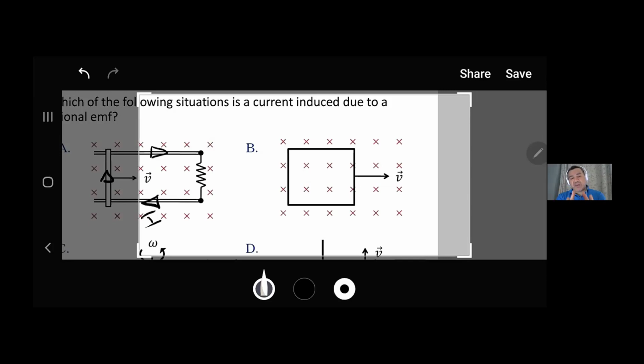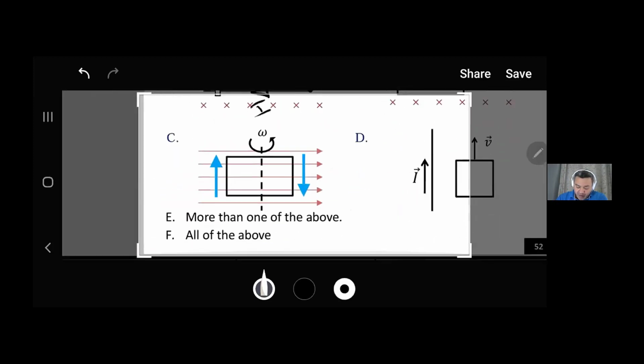So let's talk about this case in specific, moving from left to the right at this speed. In the existence of this uniform magnetic field, there will be no variation in the flux, which basically means there will be no induced electromotive force. So case B has no induced electromotive force. What about C?